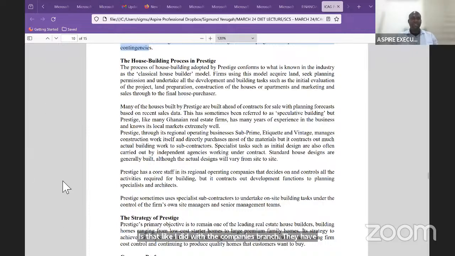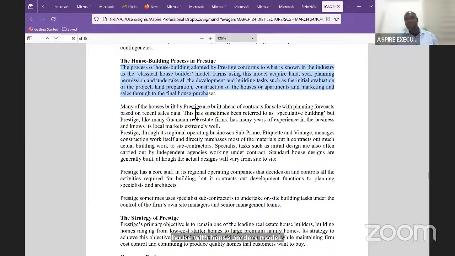So we have been given information on the process that this company uses to put their buildings together. The process of house building adopted by Prestige conforms to what is known in the industry as a classical house builders model.